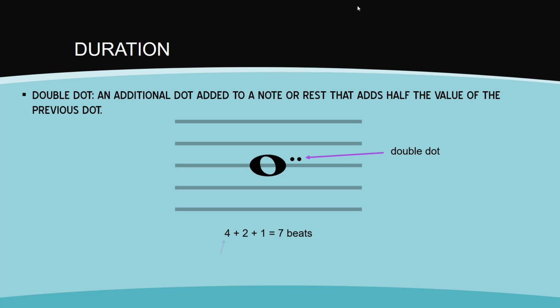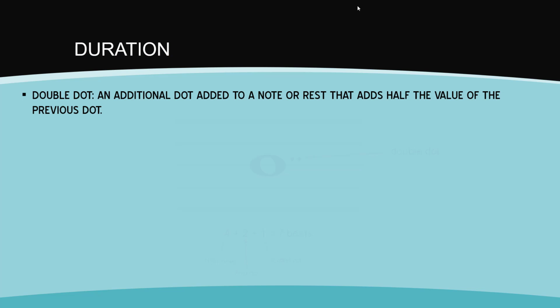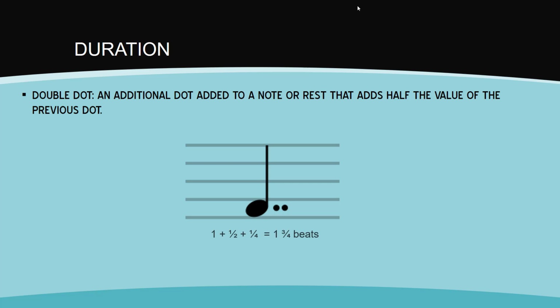A whole note gets 4 beats. Adding the first dot added 2 beats, or half the value. Adding the second dot adds an additional 1 beat, or a quarter of the original note's value. So a doubly dotted whole note gets 4 plus 2 plus 1, or 7 beats. A doubly dotted quarter note would get 1 plus a half plus a quarter, or 1 3/4 beats.